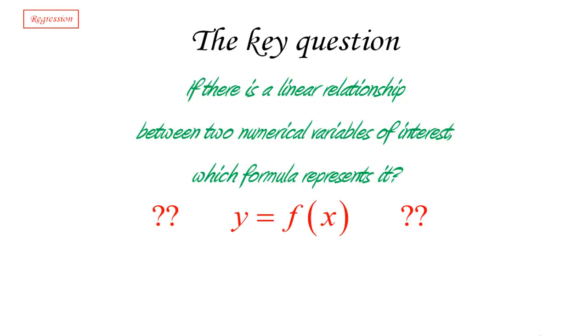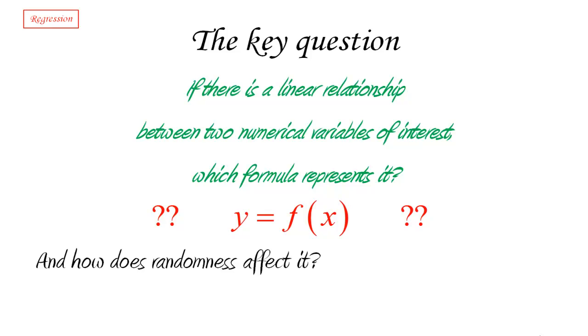How can we relate the two variables x and y through some kind of mathematical formula? And the other issue related to it is that, of course, if we're using statistics, it means that there is some kind of random variability. How does that variability affect this relationship? So these are the two key aspects. The most important one is what formula represents it, and also within that formula, how does randomness play its role?